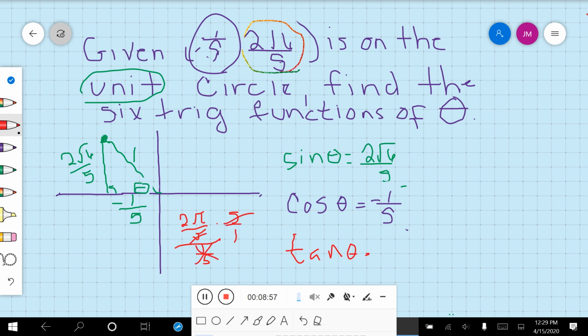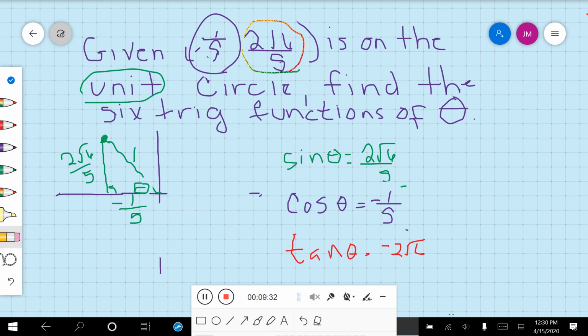The 5's cancel, and my answer is 2 root 6. Oh, it's negative 1/5, sorry. So it's negative 2 root 6.